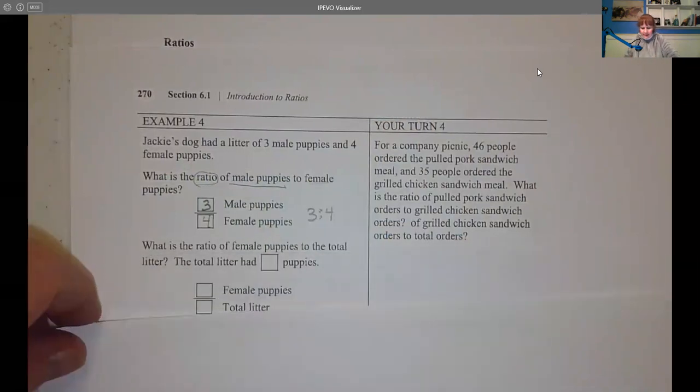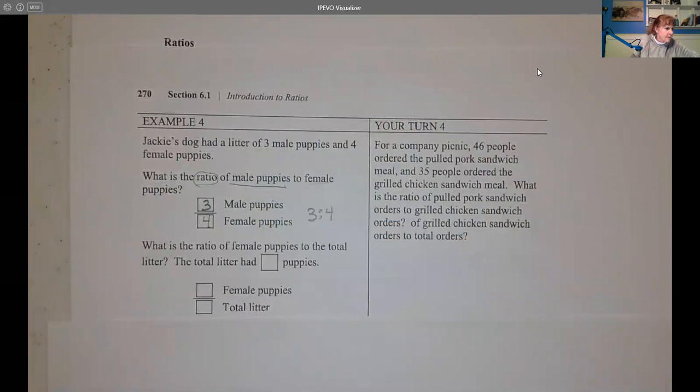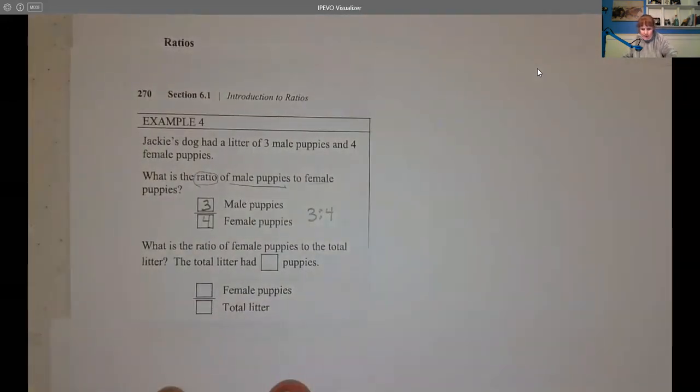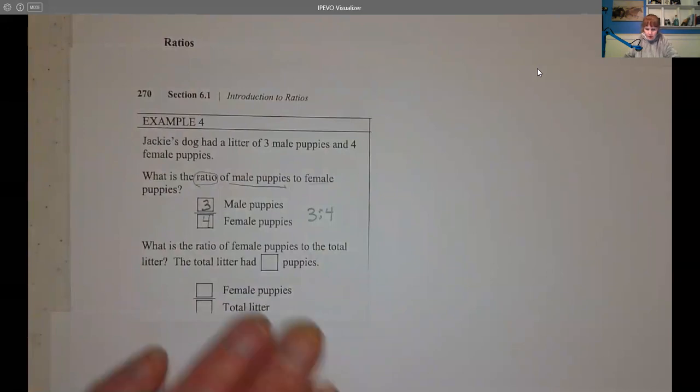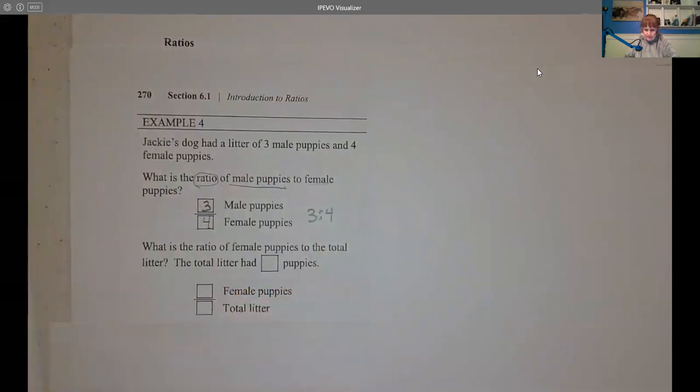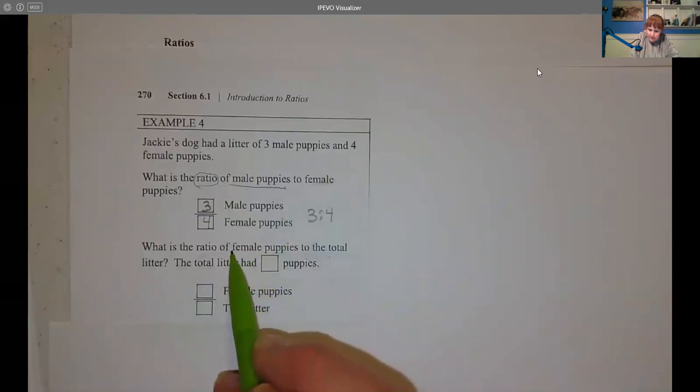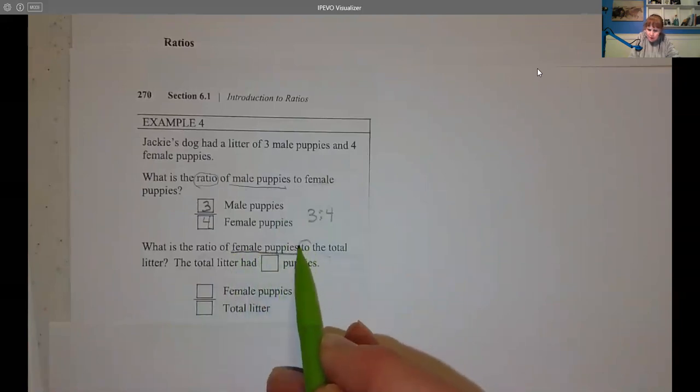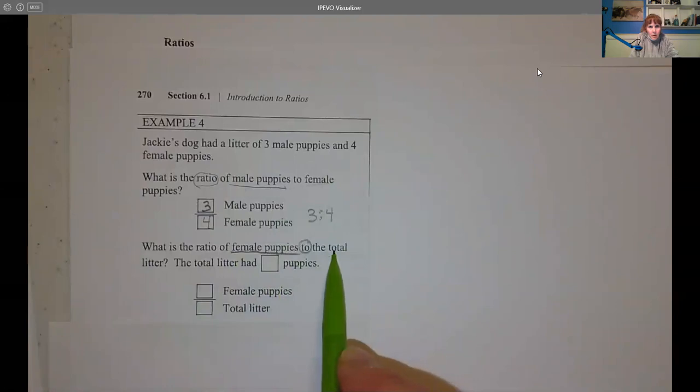Okay, let's look at another one. It's the same type of problem. We're not to that one yet, so I'm just going to cover it up. Let's look at what is the ratio of female puppies to the total litter. So they want the female puppies to the total.